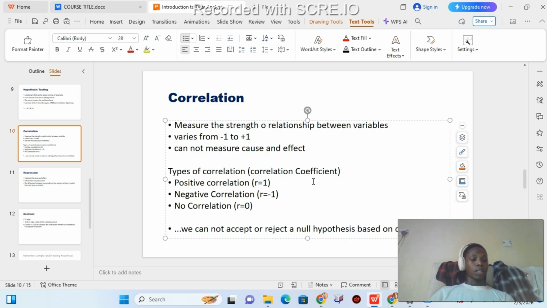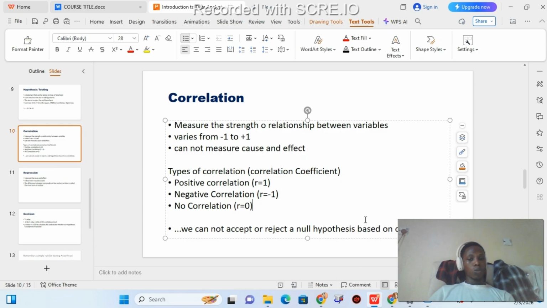Now, the limitation of correlation is that it doesn't tell us the cause and effect. It shows a relationship, but it doesn't tell us the cause and effect. What do I mean by that?